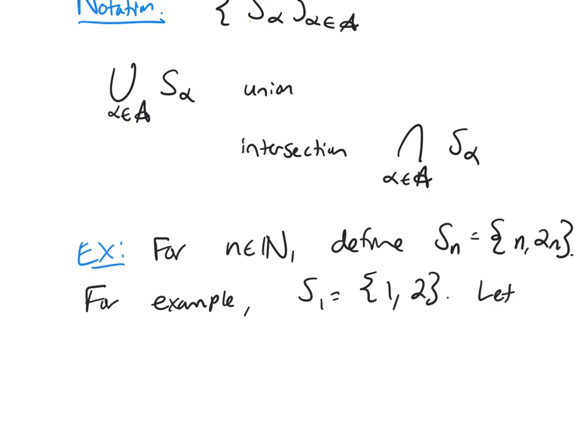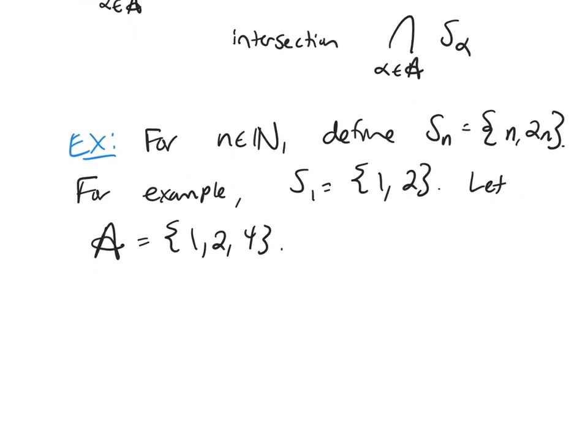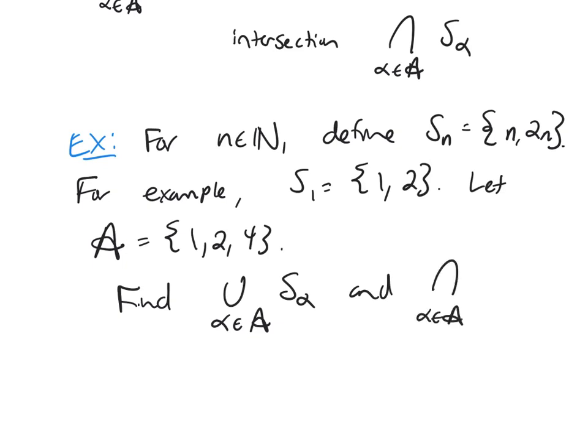And we're going to take A to be the set 1, 2, and 4. Now what I want us to do is find the union of S alpha and the intersection of S alpha.